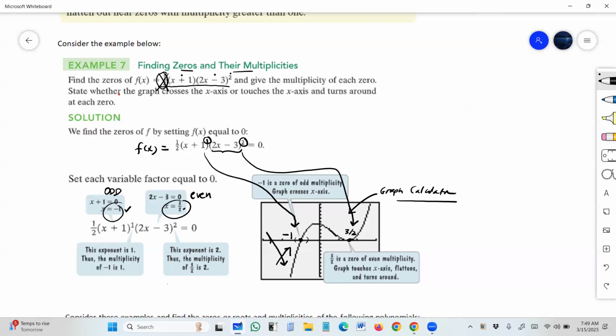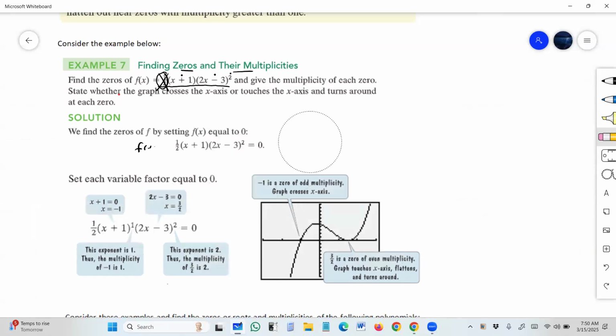So it's coming from the positive, and it's going back into the same direction, right? So it's either this way or it would be from negative to negative. In this case, it's on the positive side. So our calculator confirmed that our multiplicities correctly indicated the direction of the function at the -1 root and the 3/2 root. Perfect.